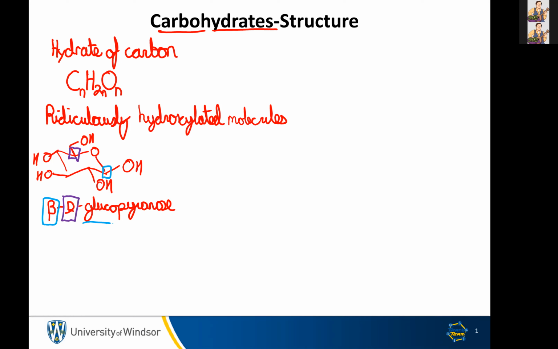The gluco part discusses the relative stereochemistry of all the carbons on that side. So except for this one, the first one, I'm going to change color. Gluco refers to the relative stereochemistry of these 4 carbons. If they were different, you would have a different name for the sugar.